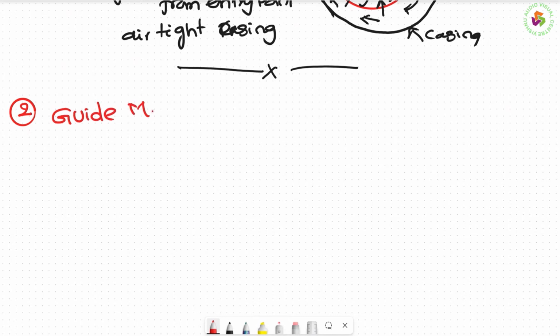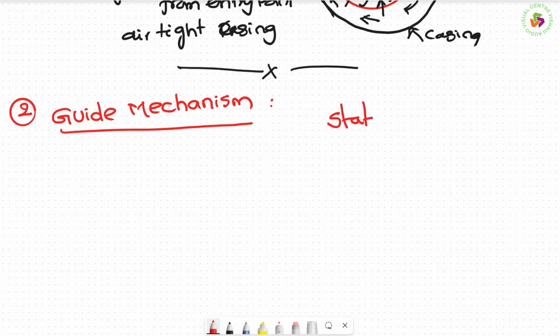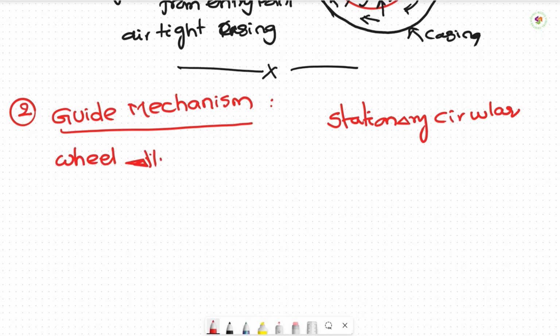Guide mechanism. What is this guide mechanism? It's again a stationary circular wheel, right? Circular wheel all round the runner.